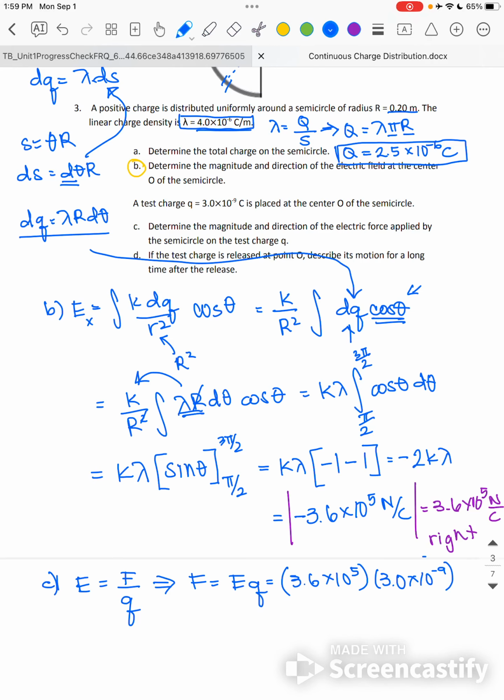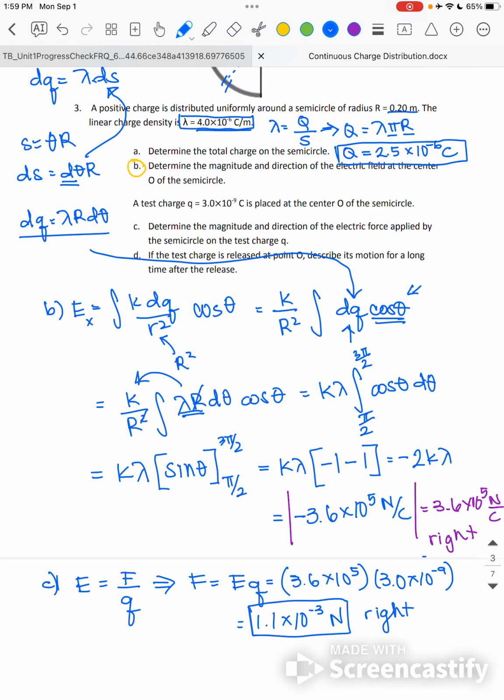And I got 1.08, which you can round to 1.1 times 10 to the -3 newtons. And again, the direction is to the right, because it is a positive test charge.